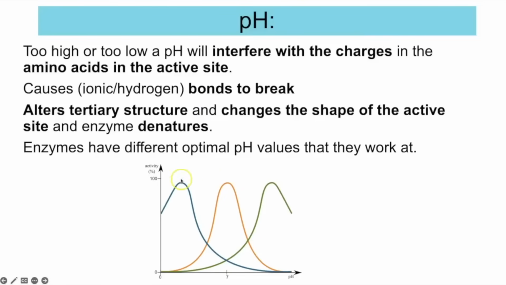So, for example, any of the proteases digesting proteins that are found in the stomach, they actually have an optimum of around pH 1 or 2, because they are working in acidic conditions. Whereas some enzymes actually work better in slightly alkaline conditions, for example, trypsin and amylase, because in the small intestines it is slightly alkaline.